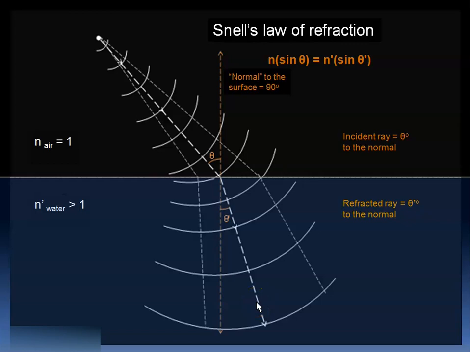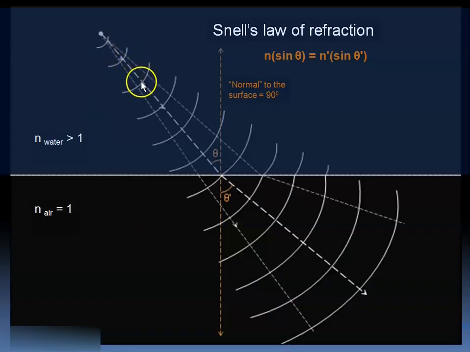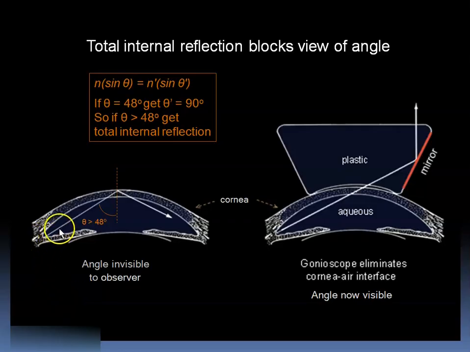So to summarize, when going from lower index of refraction to higher, light is bent towards the normal. When going from a higher index of refraction to one of lower, it is bent away from the normal.